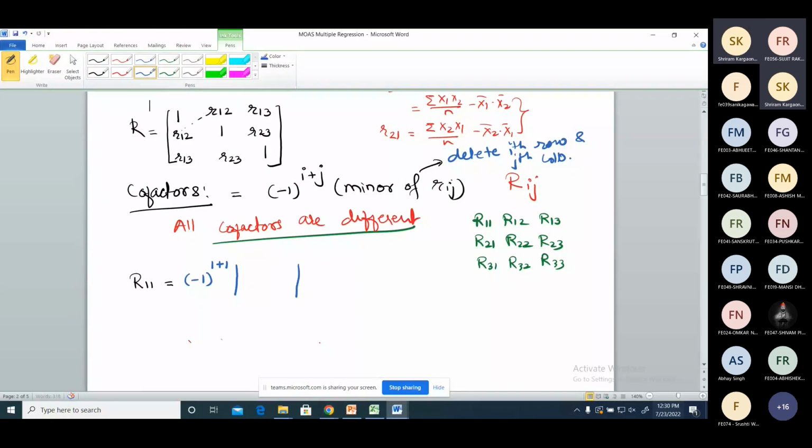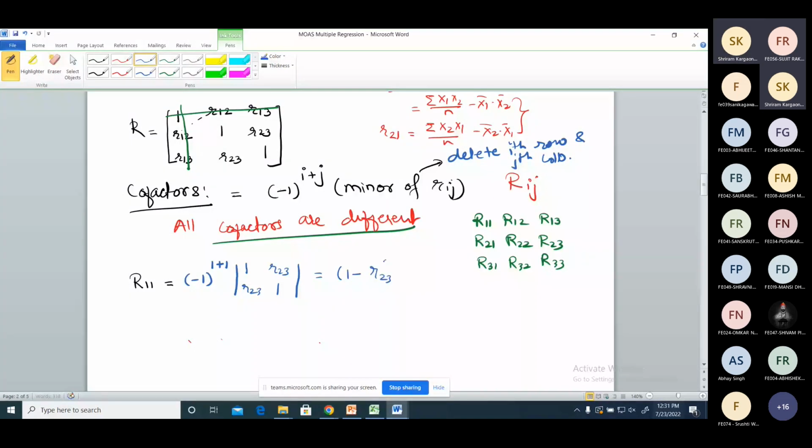When you delete the first row and first column, what remains is 1, R23, R23, 1. Minus 1 to the power 2 means a plus sign, so it is 1 minus R23 square. So this is R11.